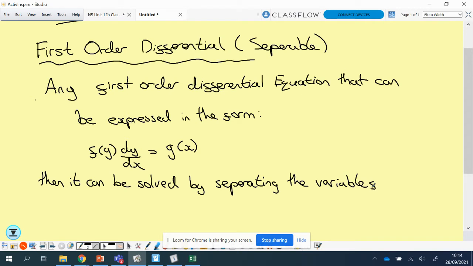The variables I mean are x and y, and hence why it gets the name, I'll write it in brackets here, variable separable.